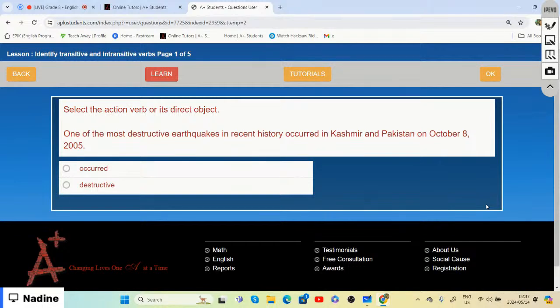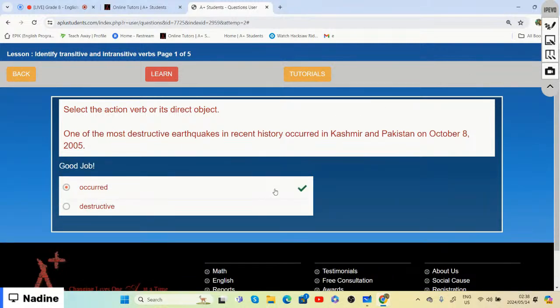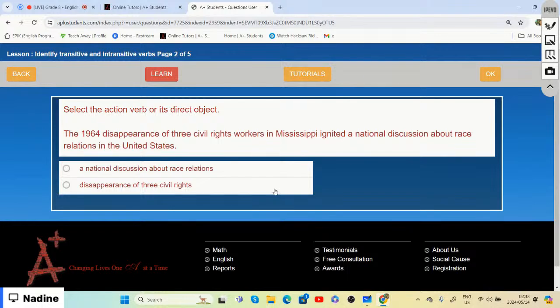All right, so if we were to choose our action verb or direct object, we will say occurred, right?